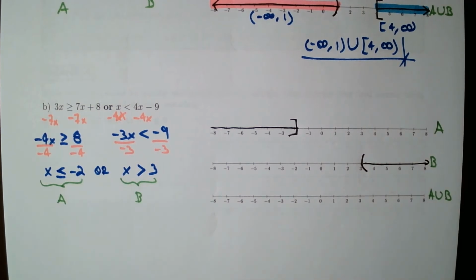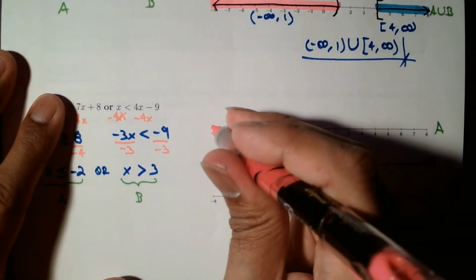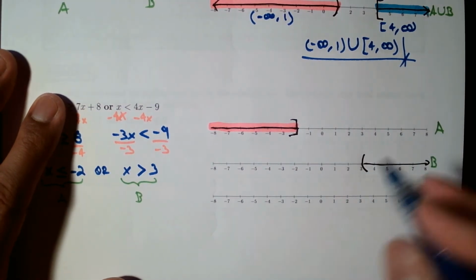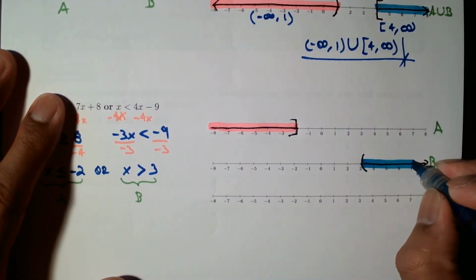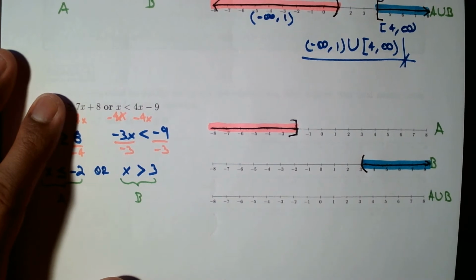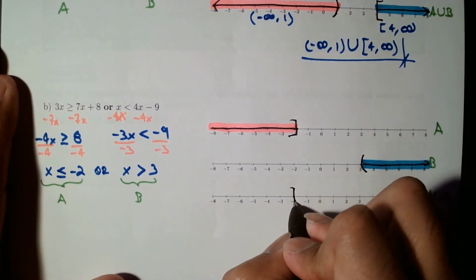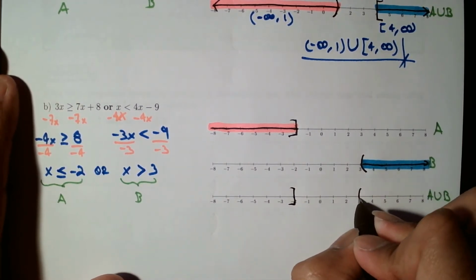All right, so let's shade this to the left, to the right. And negative 2 and 3.